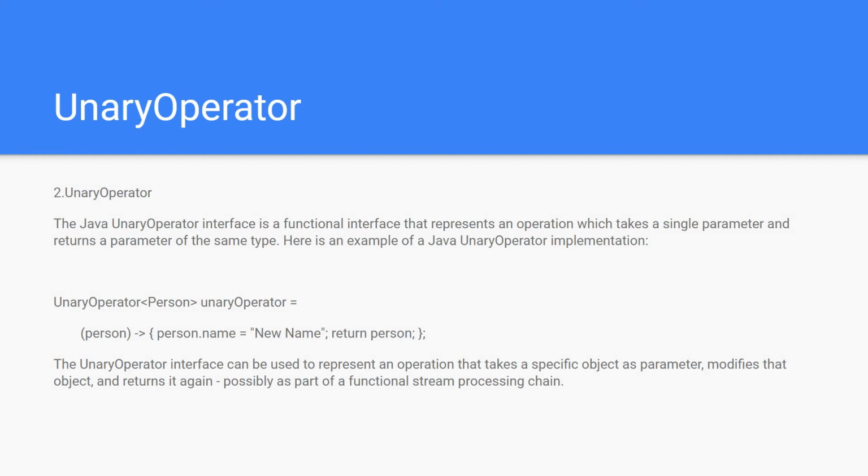Here is an example of a Java UnaryOperator implementation. UnaryOperator<Person> unaryOperator = person -> { person.name = "New Name"; return person; }. The UnaryOperator interface can be used to represent an operation that takes a specific object as a parameter, modifies that object and returns it again, possibly as part of a functional stream processing chain.